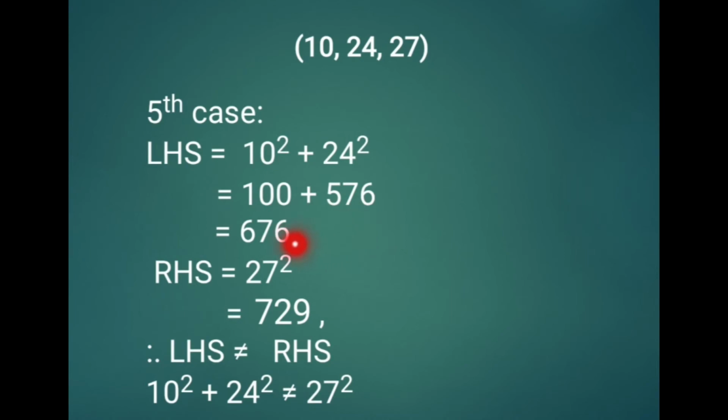So after adding we get 676. Now RHS, that is the square of 27, which is 729. So from this we say that LHS does not equal RHS. That means the sum of the squares of 10 and 24 is not equal to the square of 27. Therefore this is not a triplet.